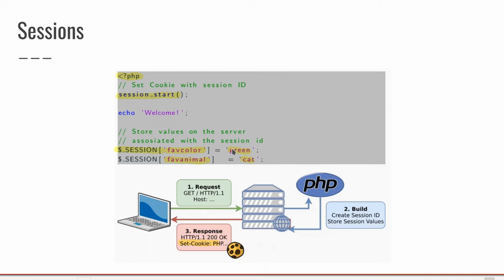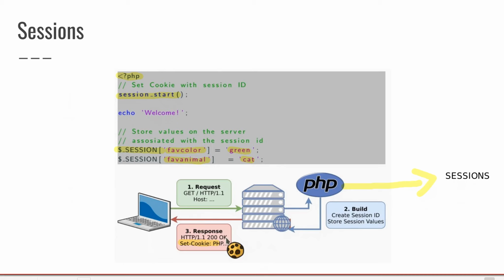So what happens now is the PHP interpreter has a session store at hand, and every time a browser makes a request with a valid cookie set that has a session ID, the PHP interpreter looks in this session store, and then in the session store it finds these values, for example my favorite color and my favorite animal, and then it can use this information to create a dynamic document and send it back to the web server, and the web server sends it back to the browser.